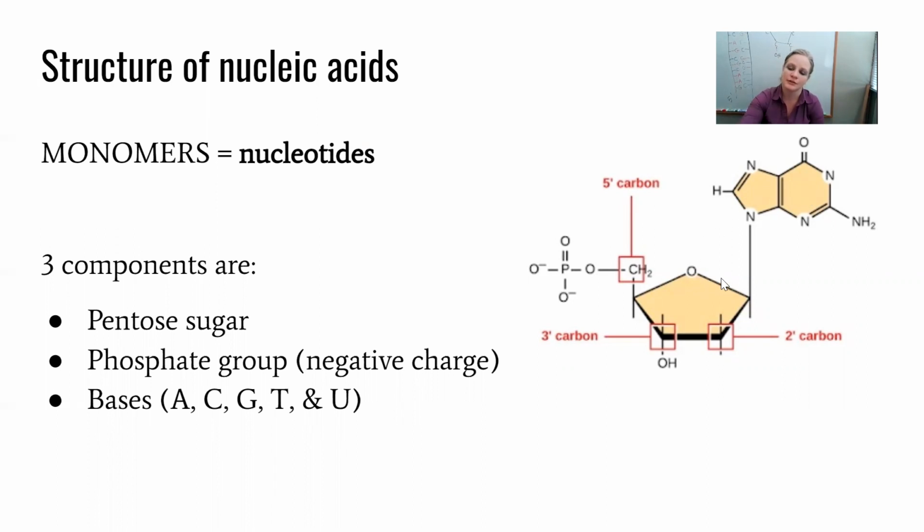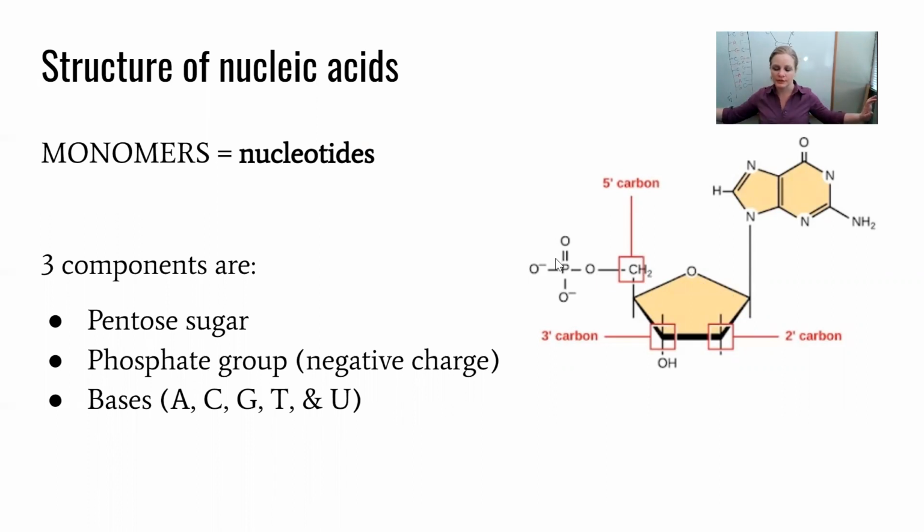But I do want you to know sugar, phosphate, base, and I want you to know what carbons those things are attached to. Our base is attached to carbon 1. Carbon 3 is an important one. Carbon 5 is an important one. Carbon 5 is where our phosphate group is attached.